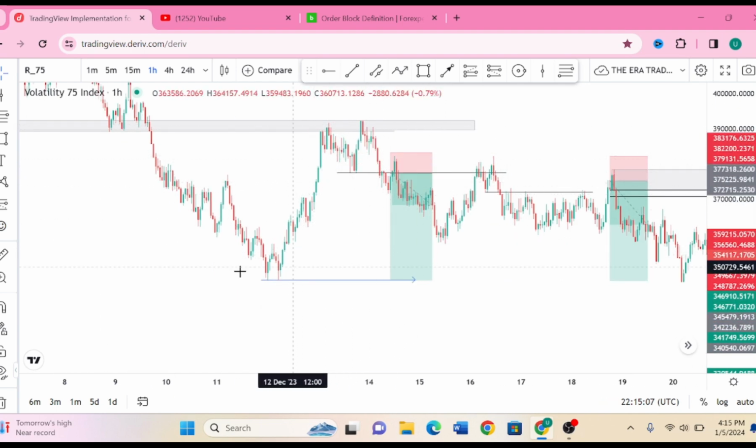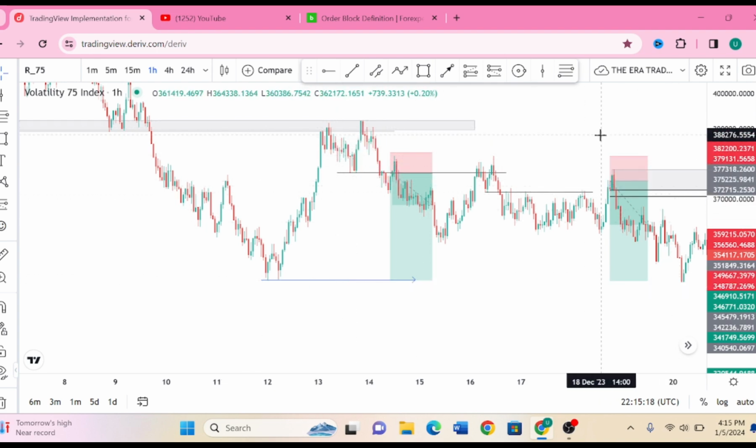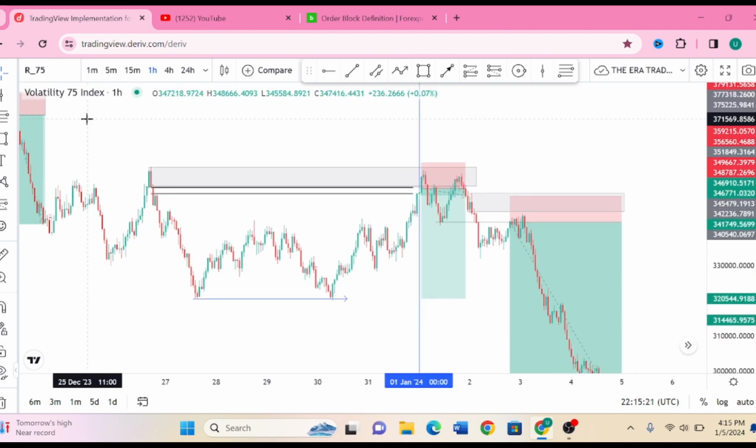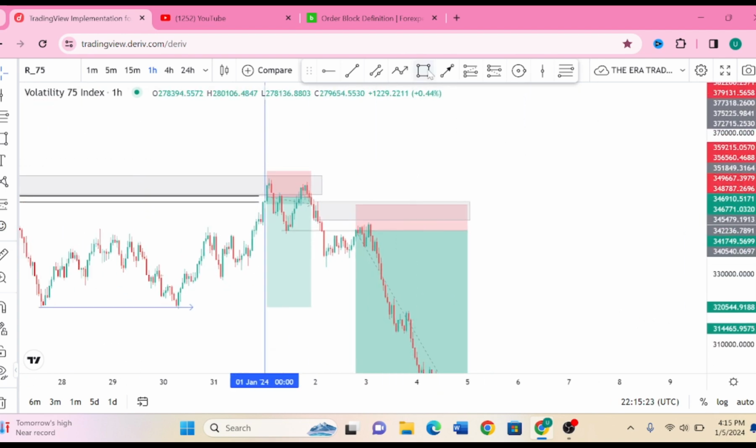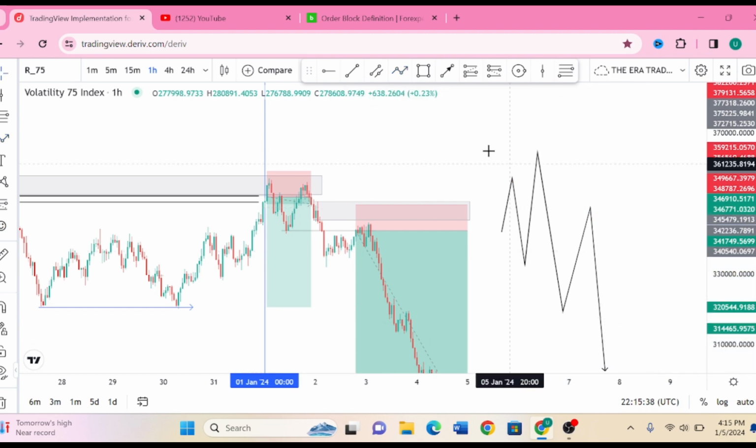When price got to that region, I saw these equal lows here. This is a confirmation that the price will definitely take it out. You can see where it came, took it out here and came down here. In this order block, one of the things you need to wait for is reversal patterns, so you have the type 2, type 1 reversal. If you're trading ICT, the market can just form this type of reversal, or this type of reversal.